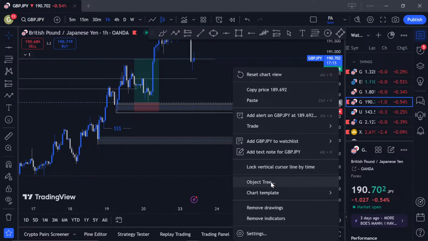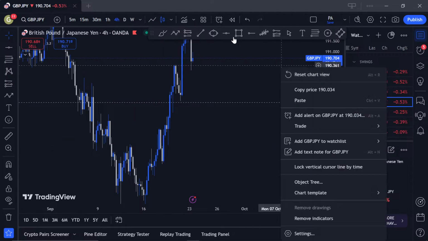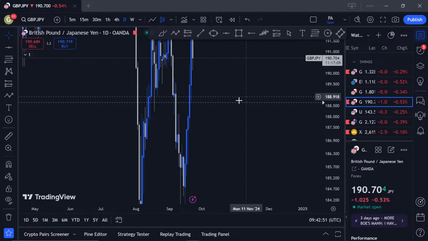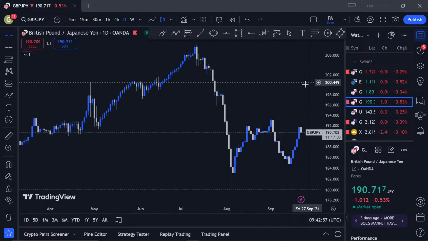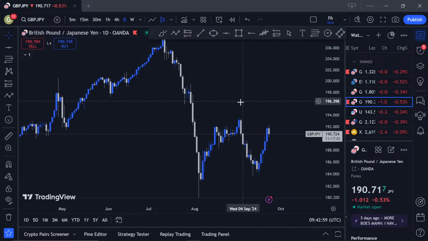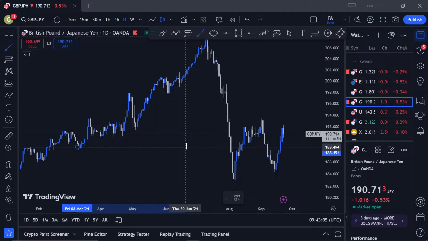Let me just clear off our analysis from last week. Now let's look at this one from the daily time frame as well. So from the daily time frame, we had this major shift to the downside here.